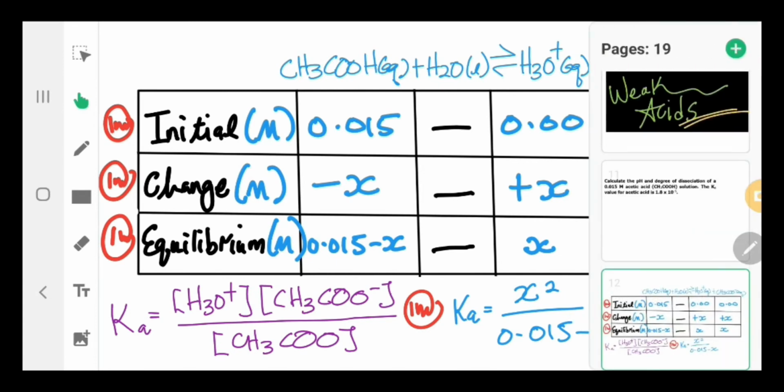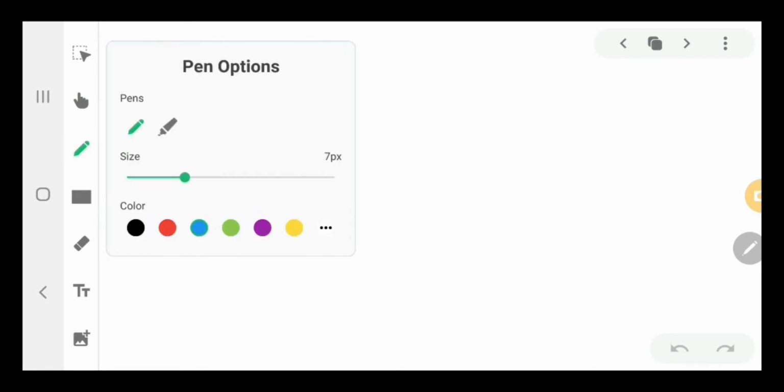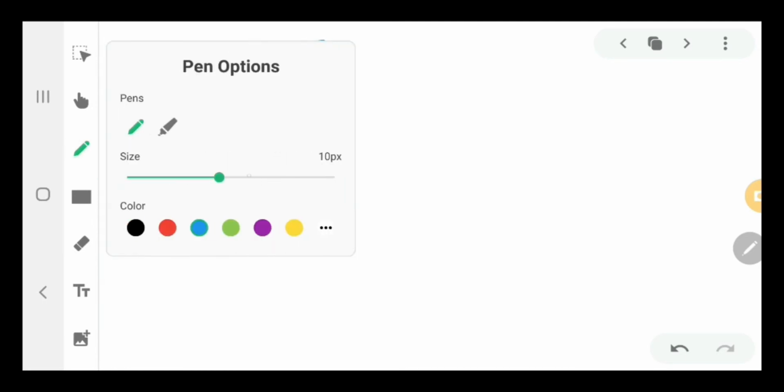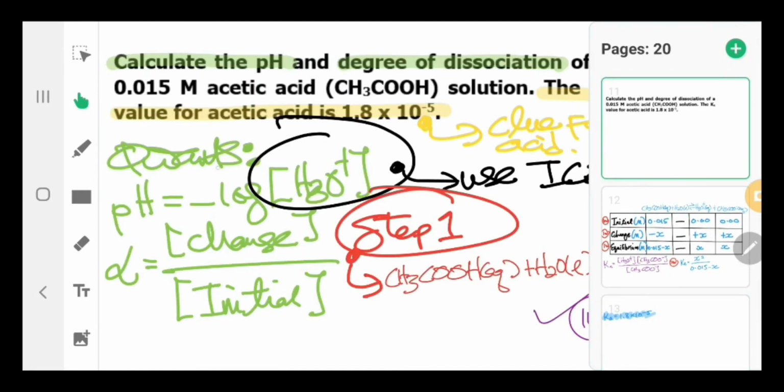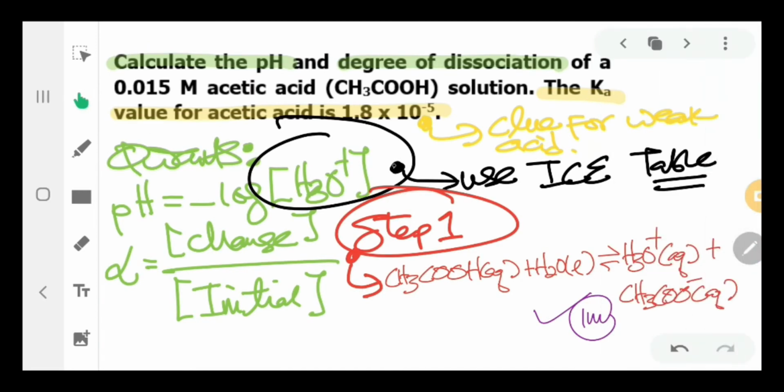So what did I say about the assumption just now? It's a very important thing. Remember the Ka value given. The given Ka value is 1.8 times 10 to the power of negative 5. This is given in the question, right over here.